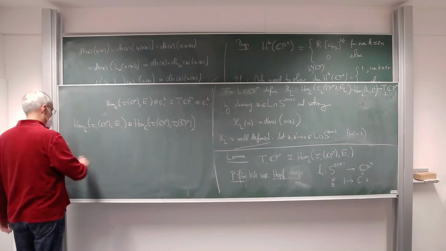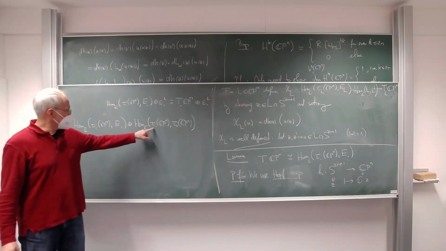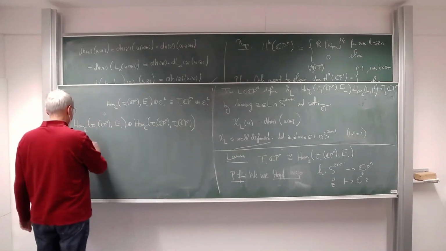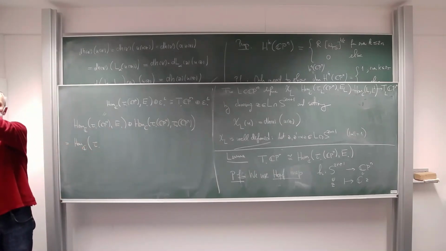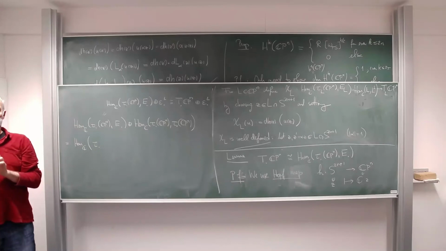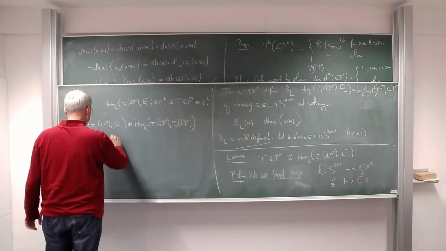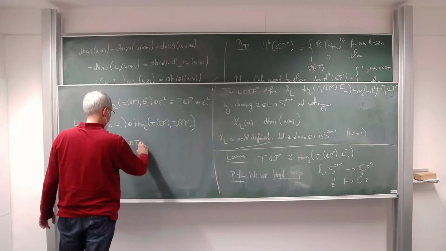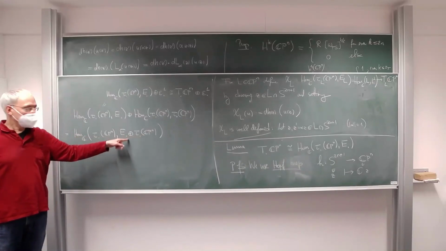Now I want to combine these two things. They have the same domain. This lands in one space, this lands in another space. If I have a homomorphism from the same space to each of them, that's the same thing as having a homomorphism to the sum of the two spaces. So I could also write it like this. But this bundle we know.